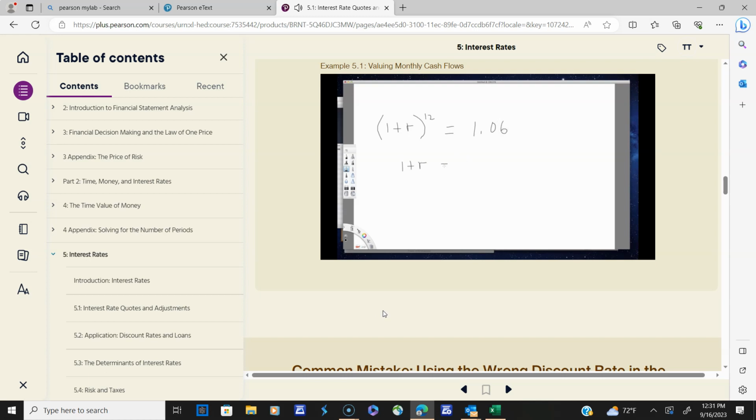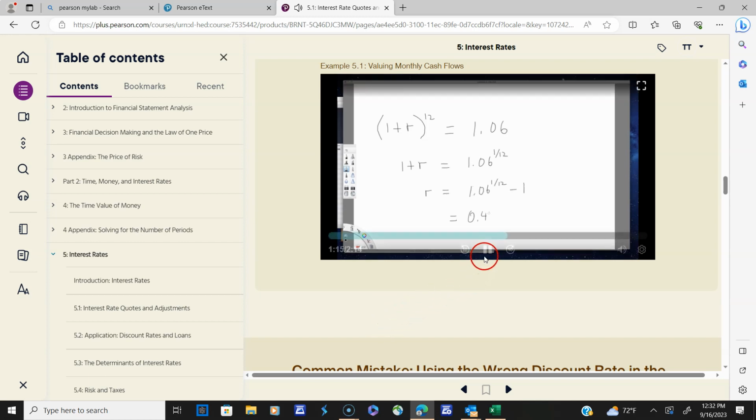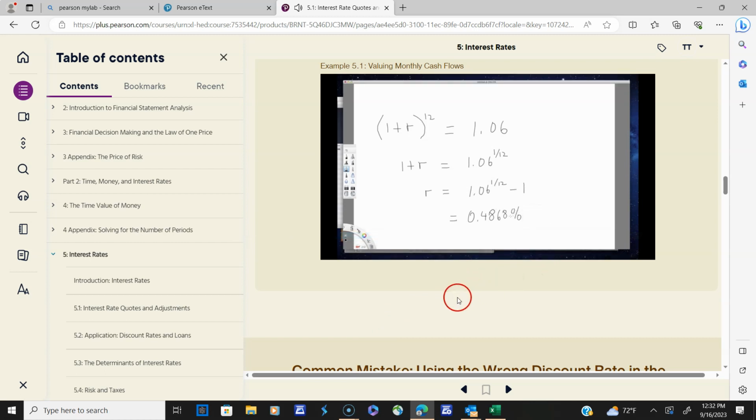So solving this formula, we get that the actual interest rate earned is 0.4868%.